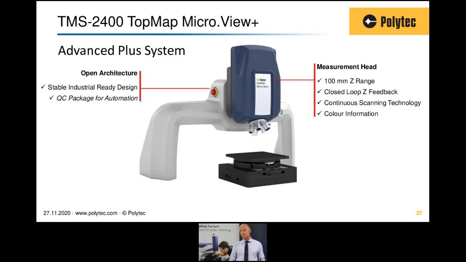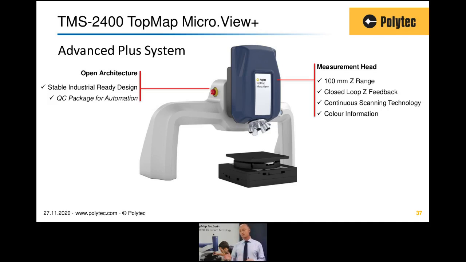The measurement head is now closed loop. So what we mean by that is we have a linear scale feedback mechanism built into the head. So that improves the measurement uncertainties of the instrument. So now when you are doing large step heights, small step heights, you have a much greatly improved large step height repeatability and reproducibility with greater integrity.